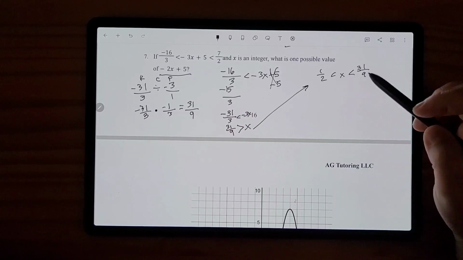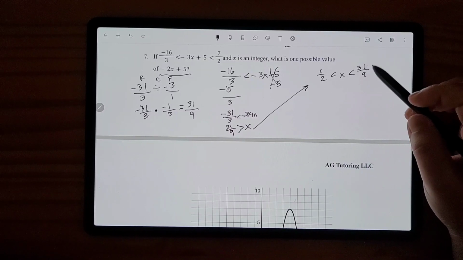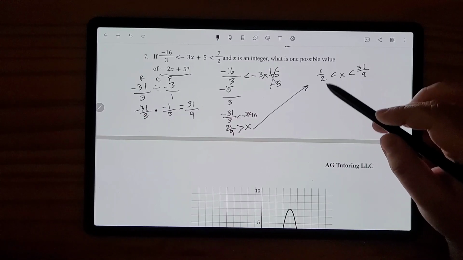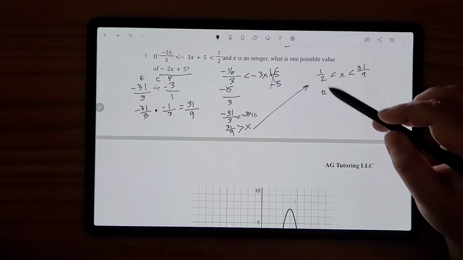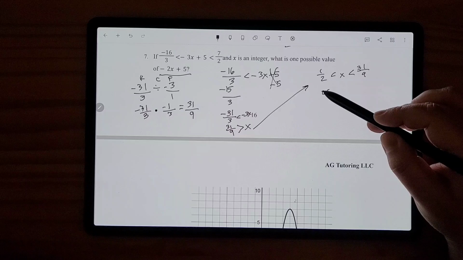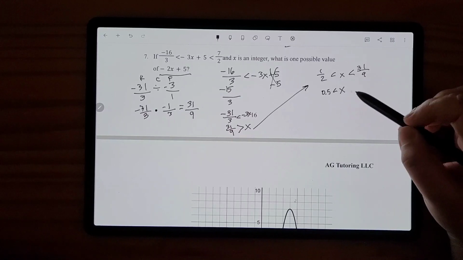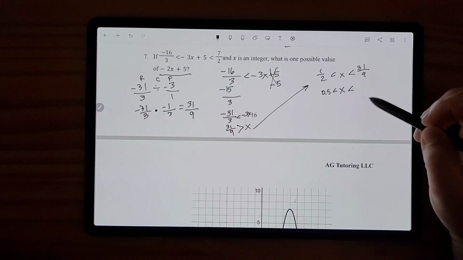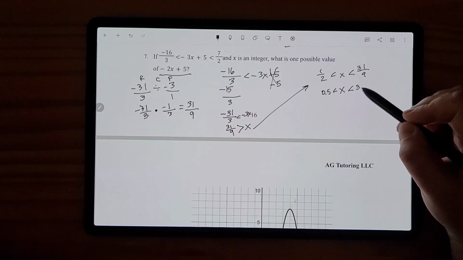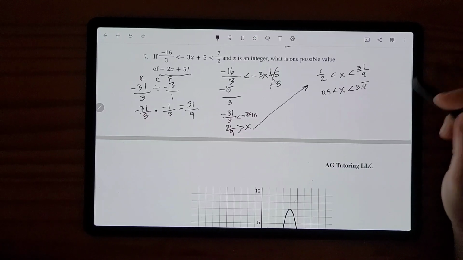And I like to think of these in terms of decimals. So what I was saying about the calculator is, if you don't already know this is 0.5, you could do 1 divided by 2 because the fraction bar is just a division sign, same thing. So x has to be between 0.5, and if you do 31 divided by 9, it's 3.4 repeating forever and ever.